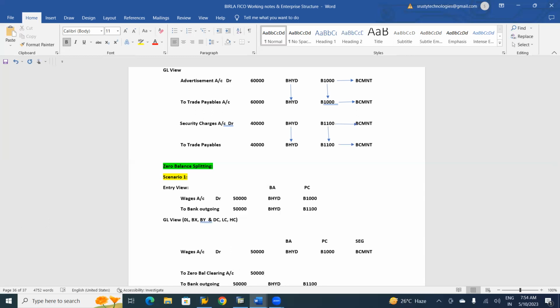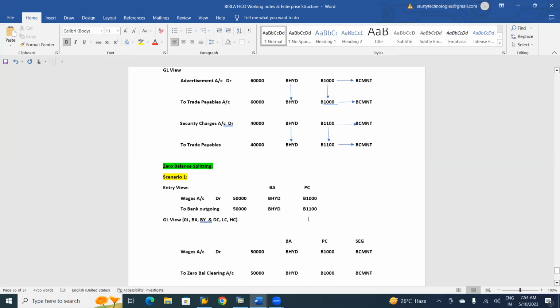50,000. So it will take the same. Now again it will see, this is for profit center, debit and credit. Now it's equal.